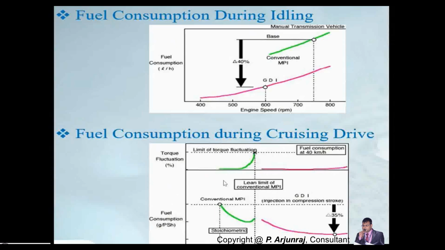And even the fuel consumption is going to be lower, even when the vehicle is running at cruising condition, where here they have taken the test considering the fuel consumption at 40 kilometers per hour.